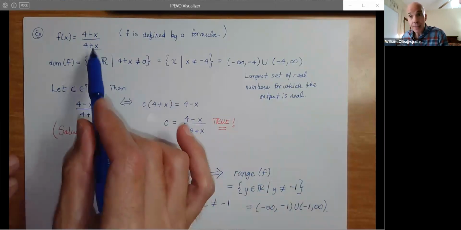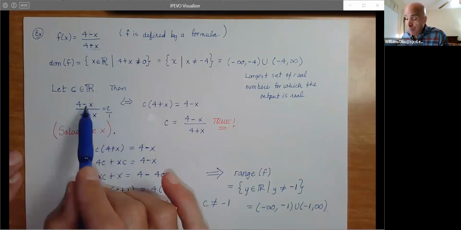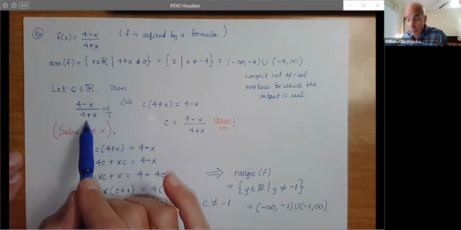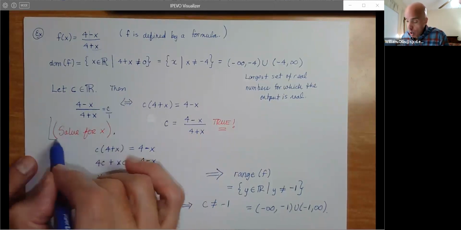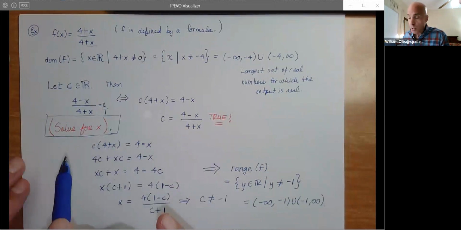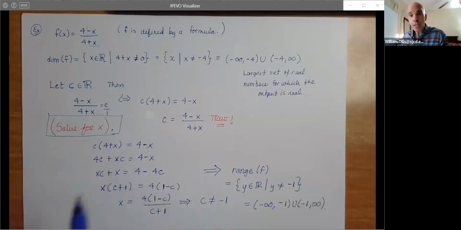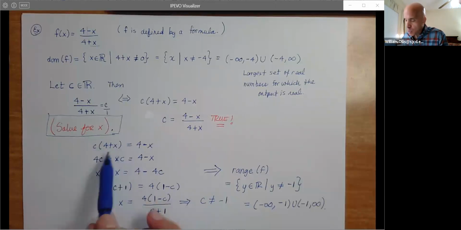Just don't use an X. So you set, in this case, the function formula equal to C. And the key is to solve for X, like you're doing an inverse function computation. This is good practice for that. We did an inverse calculation. So again, solve for X.